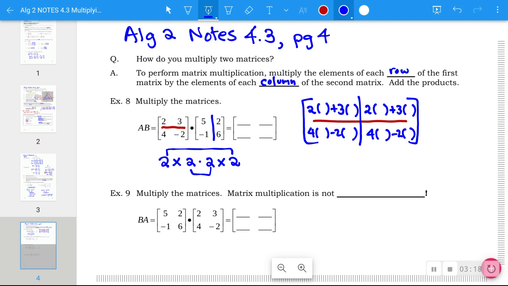So now that we've got the rows in, let's put the columns in. The left-hand column on that matrix is 5, negative 1, and you read it in that order, top to bottom. I'll pick a different color here, one that I haven't used. I'll do green for that one. 5, negative 1 on the left-hand side, and on the right-hand side, 2, 6.